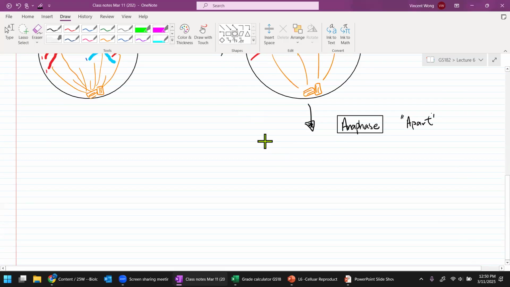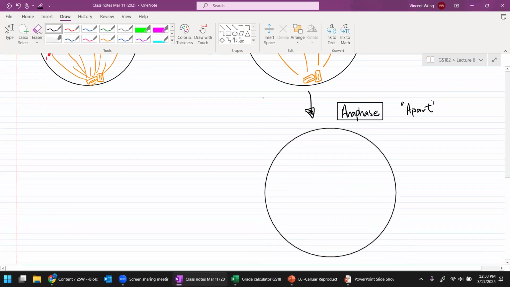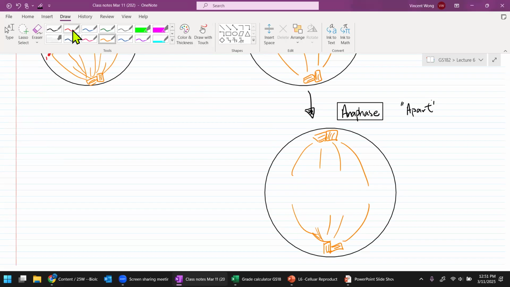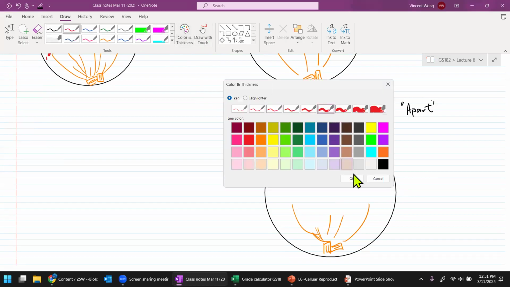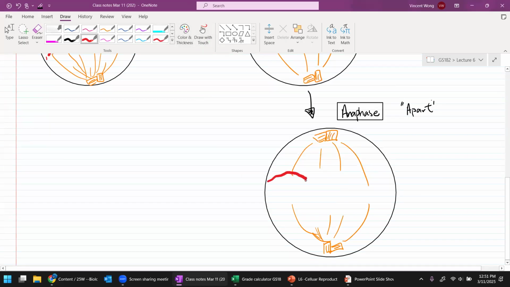So this is anaphase. You have these little potato tots, the centrioles, and spindle fibers. And remember, this is happening to all 46 chromosomes, but it's too messy to draw all of it, which is why we are only drawing some of them.